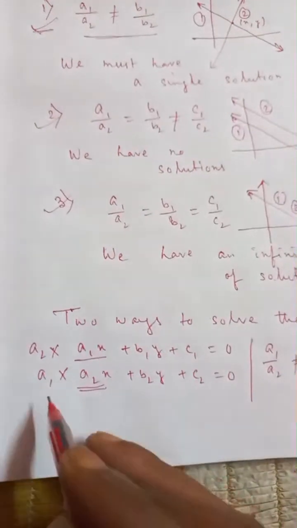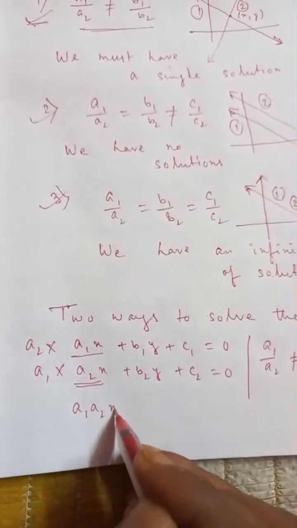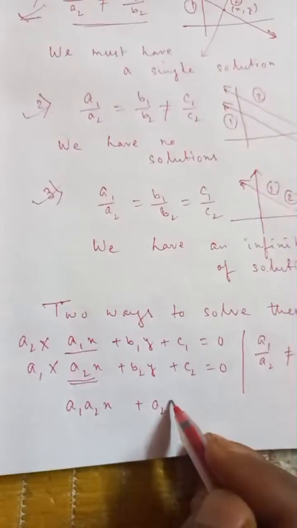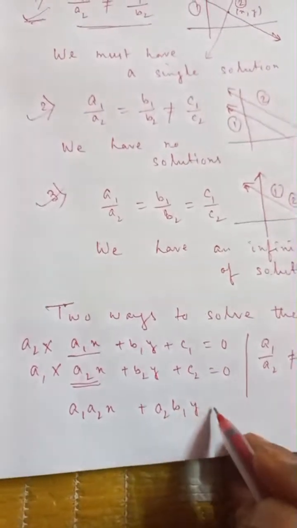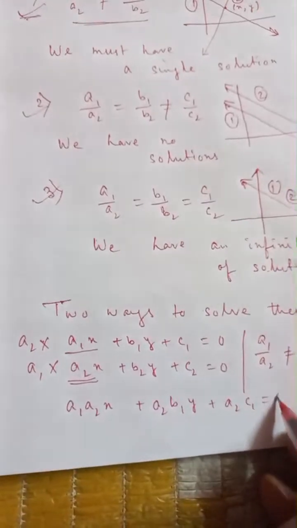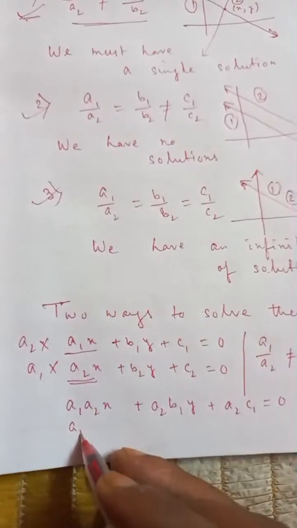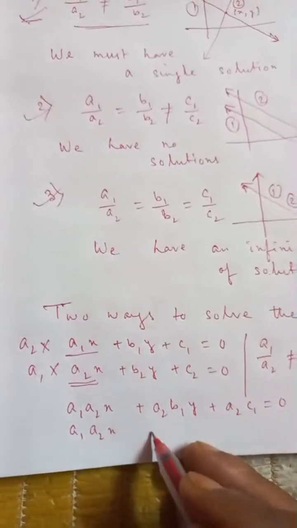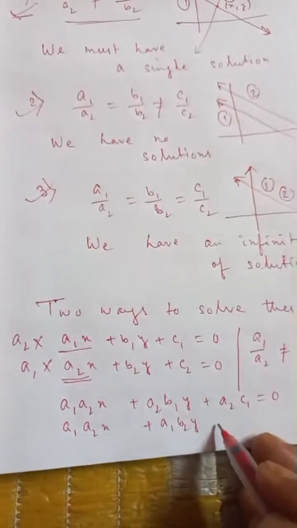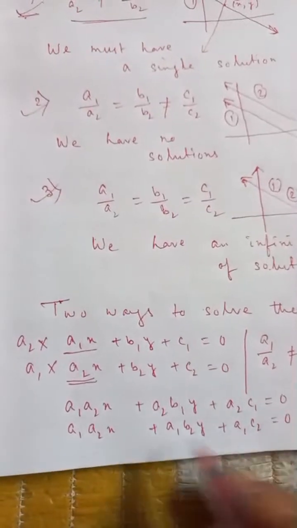So here this will be a1a2x plus a2b1y plus a2c1 equal to 0, and this will be a1a2x plus a1b2y plus a1c2 equal to 0.